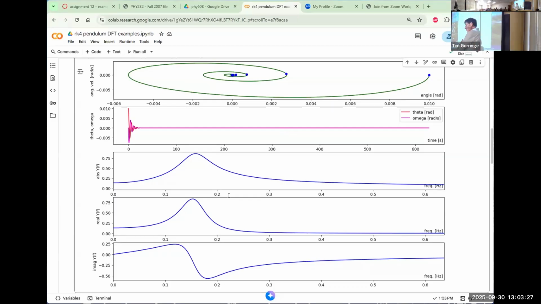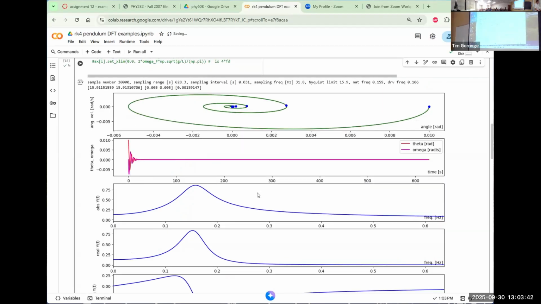As we increase the damping, we get a shorter and shorter view of the oscillations. We get a broader and broader distribution in frequency space. If I go to 0.5, you'll really see this.